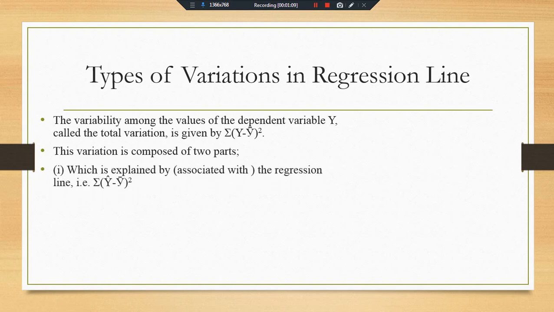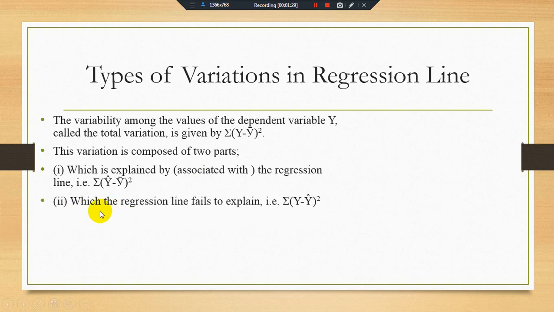The first one is explained by the regression line, summation y hat minus y bar whole square. This is our explained variation, which is explained by our independent variables.